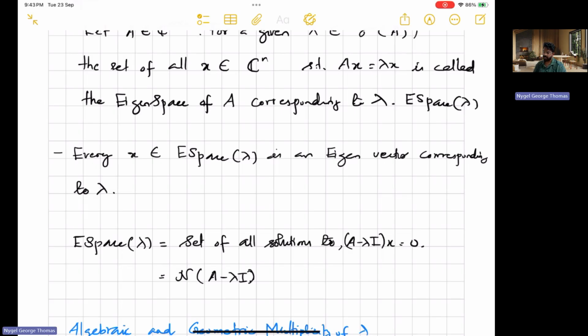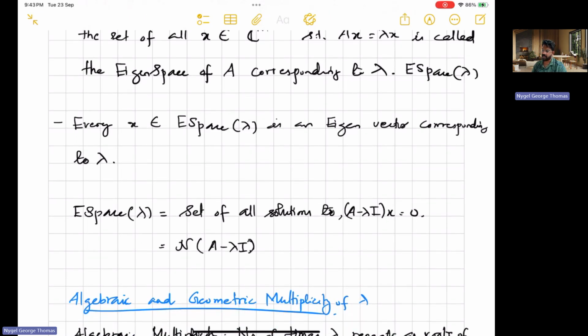Another way of defining the eigenspace of lambda is as the set of all solutions to the equation (A minus lambda I) x is equal to 0. The eigenspace of lambda is the null space of A minus lambda I. So it is a subspace.